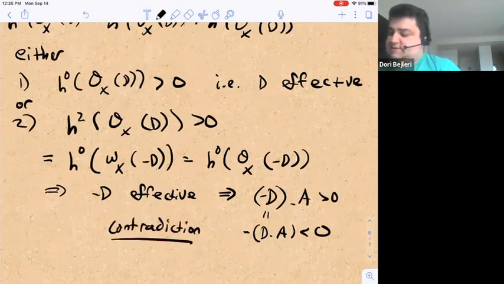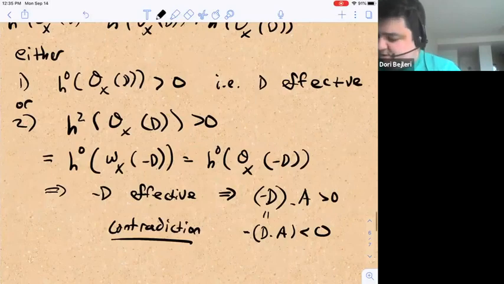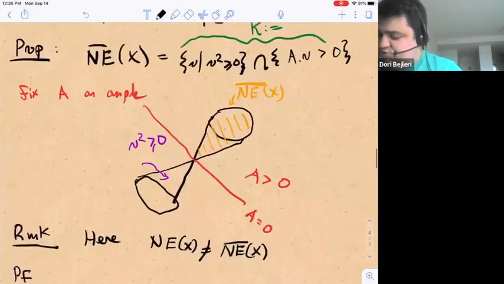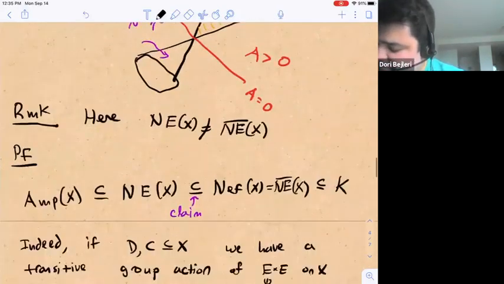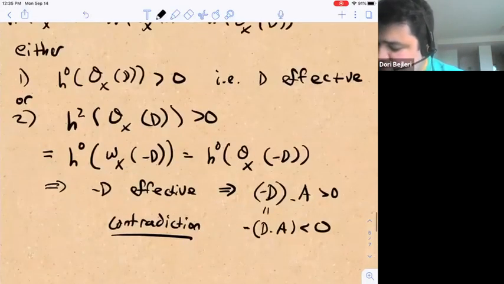And so this last part is why we have these two pieces in this cone, and one piece is where H0 is non-zero, and the other piece is where H2 is non-zero. And so we're using our ample to pick out the correct half. Okay, so 2 can't happen.